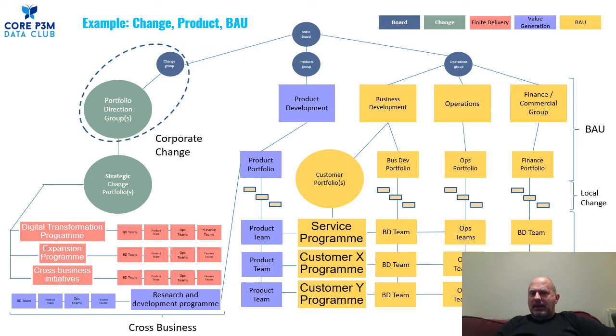The product group has a product portfolio of it, in which it generates and devises its value, its assets and its products. And it has business as usual delivery teams that keep the lights on, run the business, and basically make the value happen.